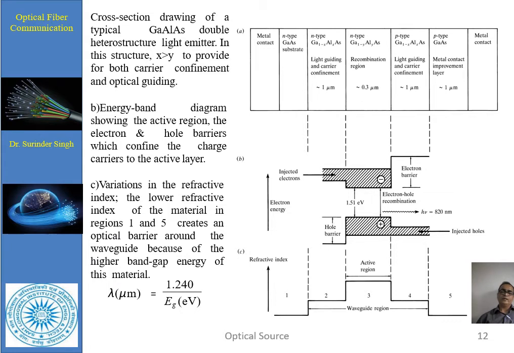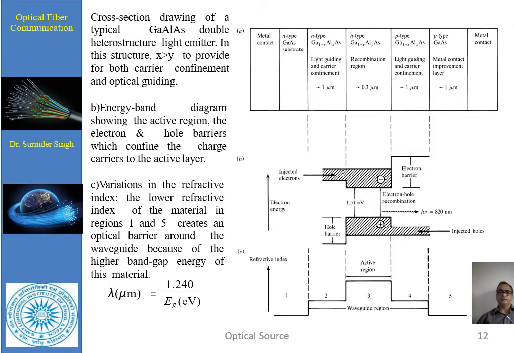For radiative recombination of electrons and holes, the charge has to be confined in this region. Whenever an electron falls from this state to this state directly, it will emit a photon of energy h nu. So the carriers should be confined in such a way that they give an output.